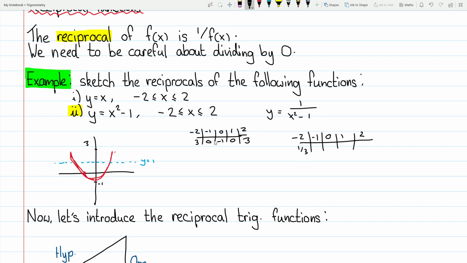When we input the bottom, we're going to get 0, but dividing by 0 will then give us sort of zooming off to infinity. That's really badly drawn infinity. So we're dividing by 0, so just put infinity there. We have 0 there, we divide it by negative 1, so that's just going to give you negative 1, infinity, third again.